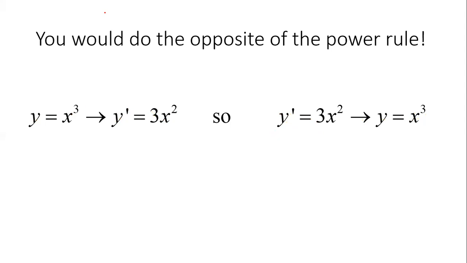So we're going to have y equals x cubed. You bring this down, you get y prime is equal to 3x squared. So essentially, we're just doing the opposite of what's going on here.